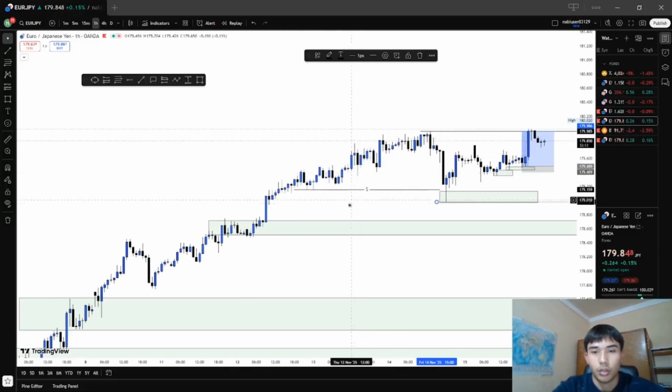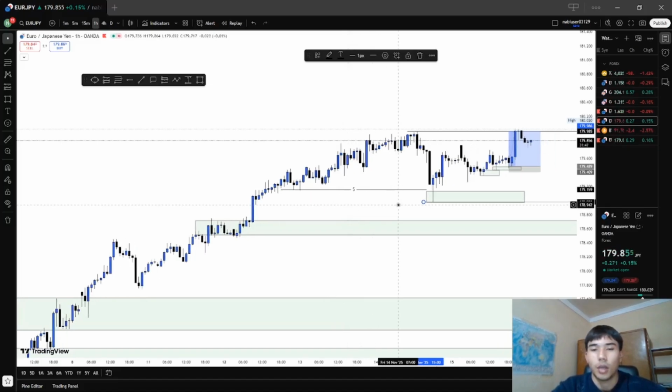If you see any consolidation, there is a really good chance for the price to sweep the available liquidity, either up or down, and go its own way.